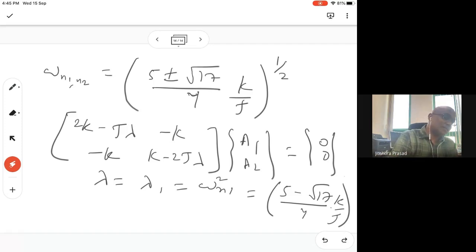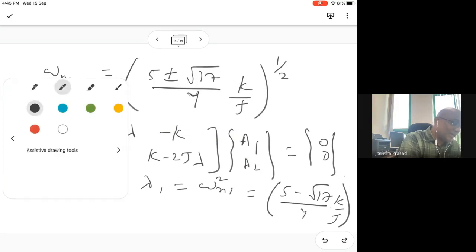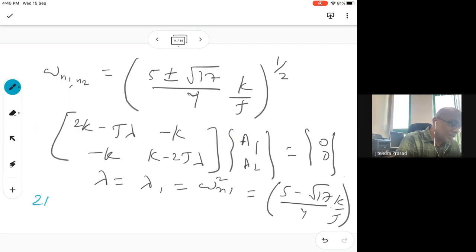So let's put this value here. This should be a1 multiplied by this, a2 multiplied by this, equal to 0. So what does it tell you? It tells you 2k minus j lambda 1 multiplied by a1, minus k a2, is equal to 0.